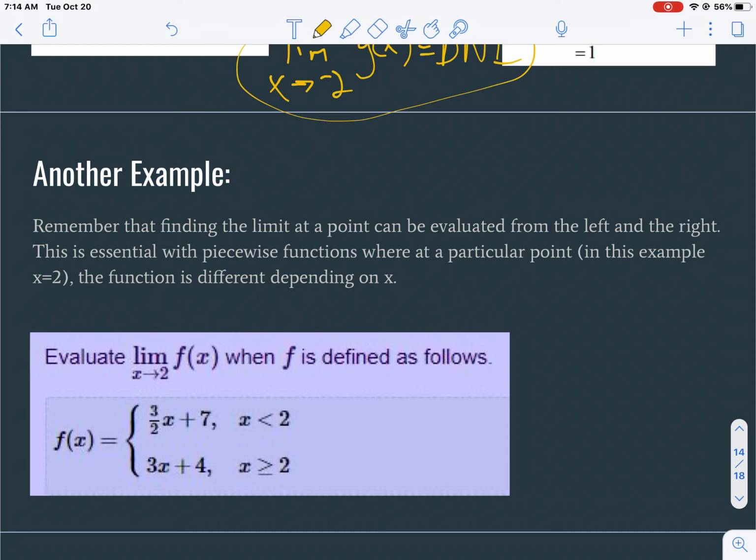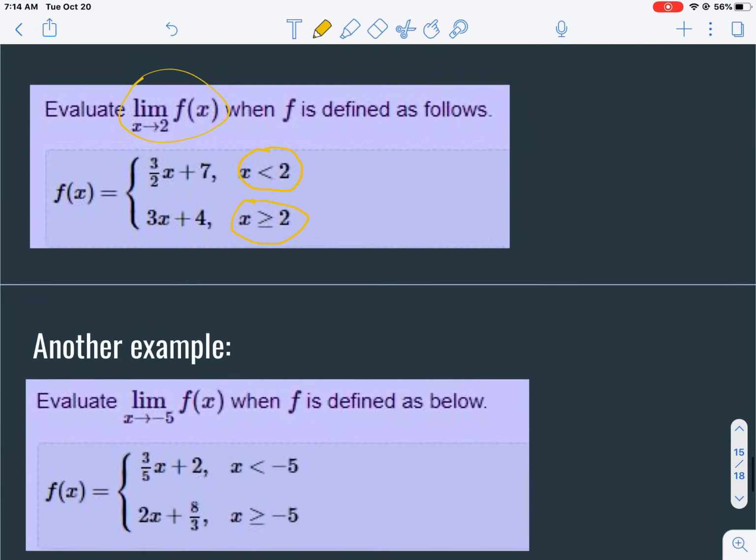So again, we're trying to find the limit of f of x as x approaches 2, okay? And notice at 2, depending on whether we're looking from the left or the right, the function changes, okay?